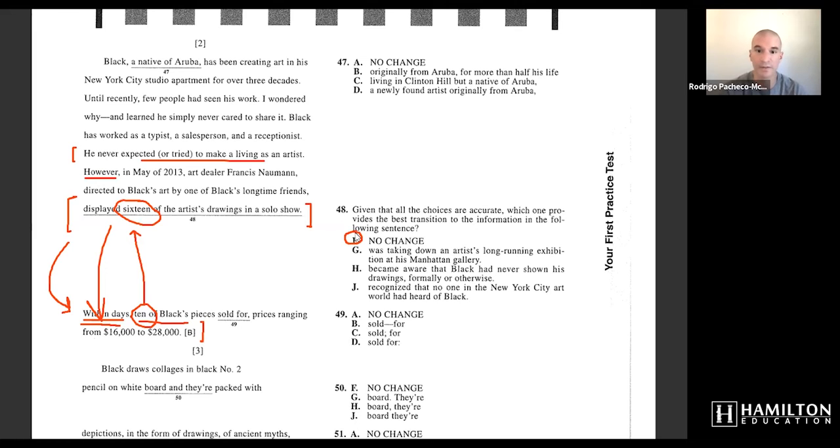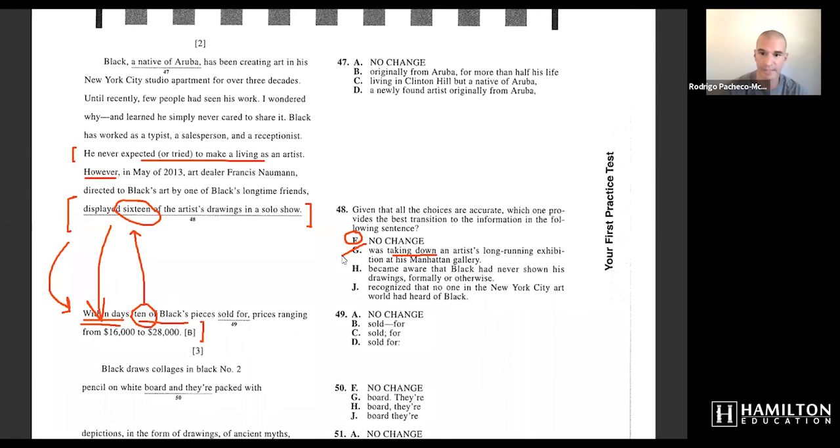Let's take a look at the other answer choices. G was taking down an artist's long-running exhibition at his Manhattan gallery. Well, this doesn't make a whole lot of sense. In this answer choice, we are taking the art down. That would not make as much sense as an exhibition.